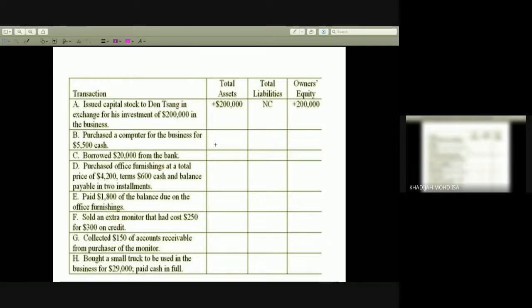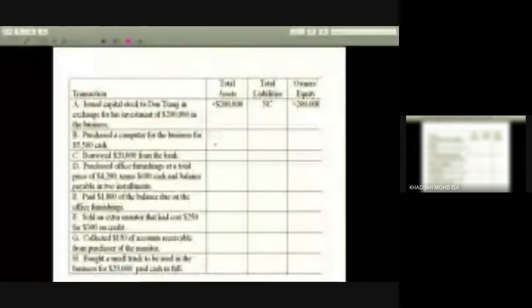So in this case, your total asset, there's no change, isn't it? Do you agree with that? You have under your total asset plus 5,500 in the form of computer, but you minus 5,500 in the form of cash. So your total asset, there's no change. So your total liability also no change, and your owner's equity also no change.